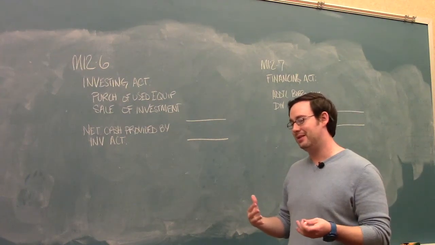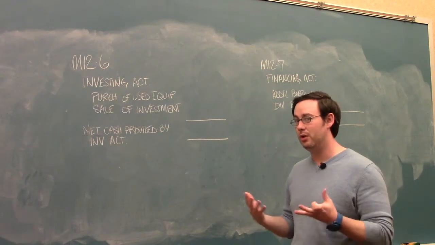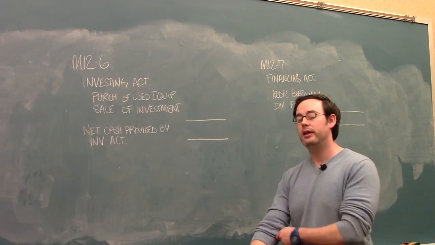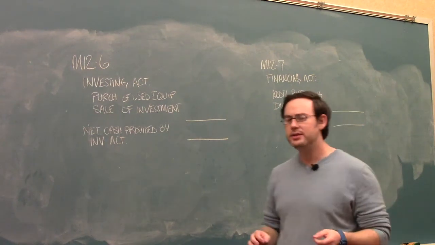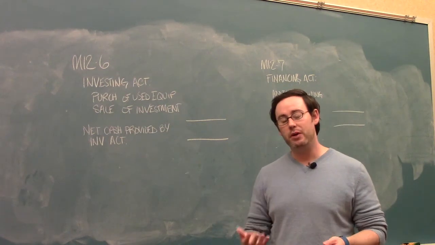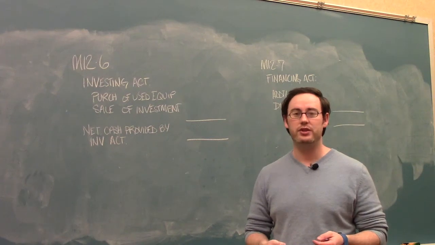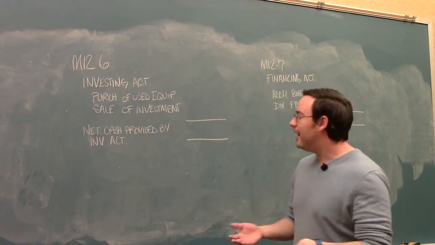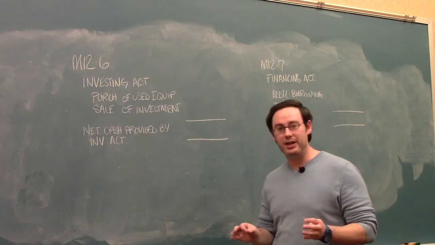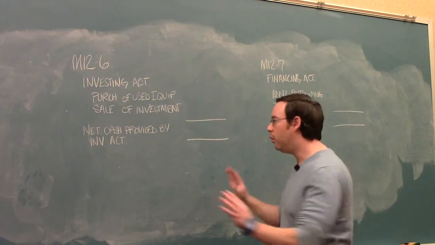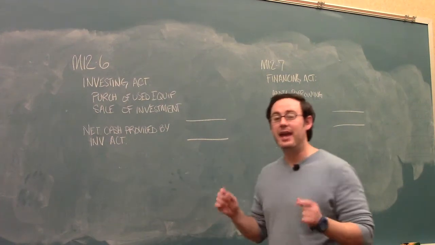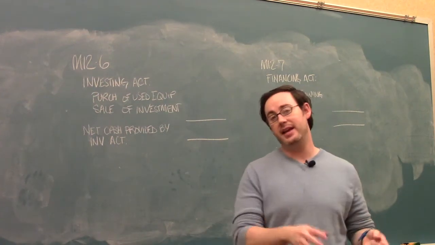Why do I say that? Because it seems pretty self-explanatory that you would only show changes in cash. But let's take into consideration what happens when you sell equipment. Depending on what the book value is and depending on the cash that you've actually received, you could have a gain or loss on that exchange. The gain or loss is not a cash component. We only care in the cash flow statement about changes in cash. Gains and losses go to the income statement.